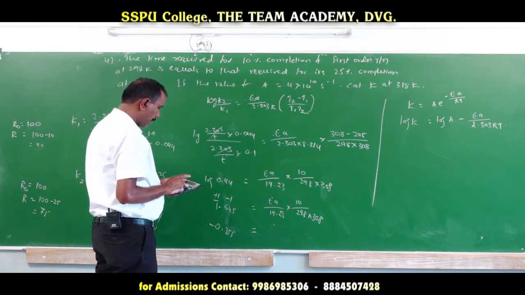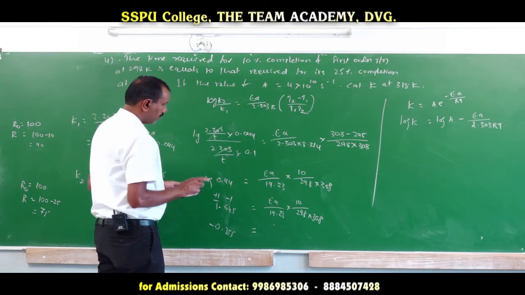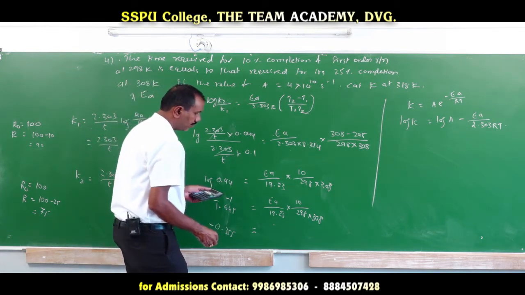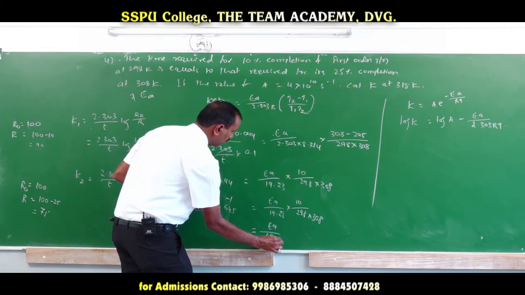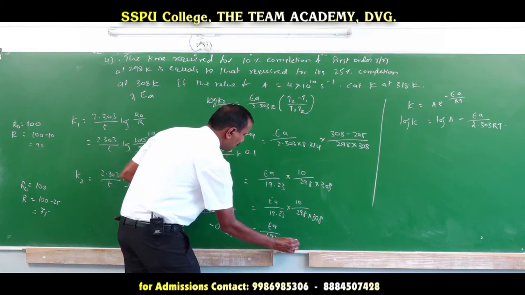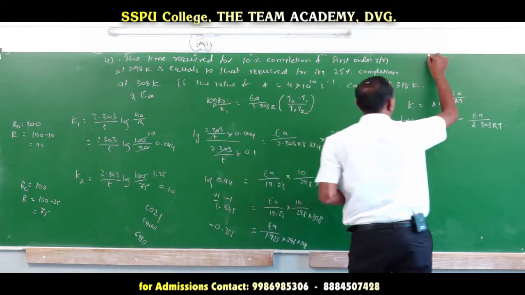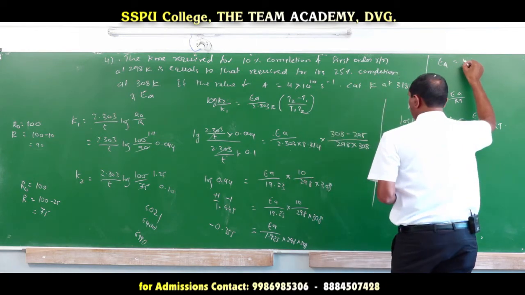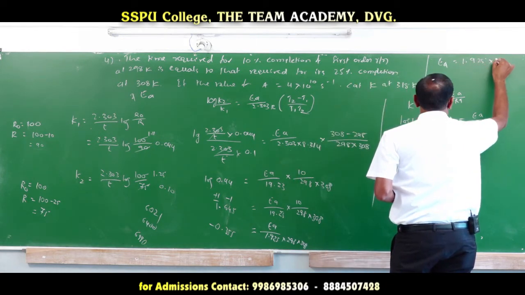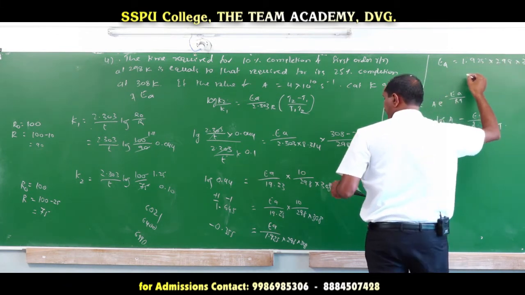That equals EA by 1.925 into 10 divided by... or we can write, where EA becomes 1.925 into 298 into 308 into 0.355.